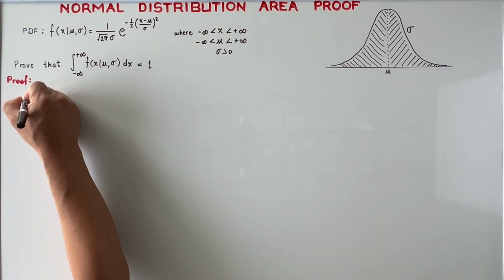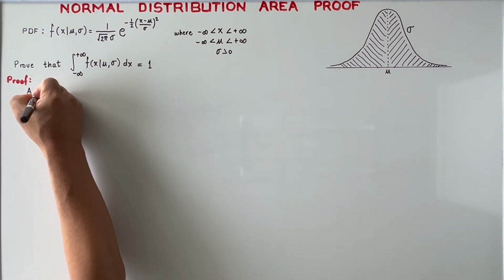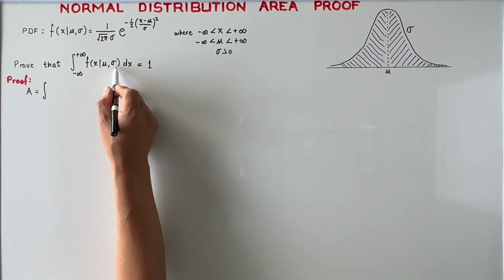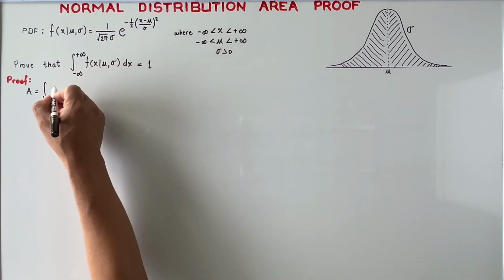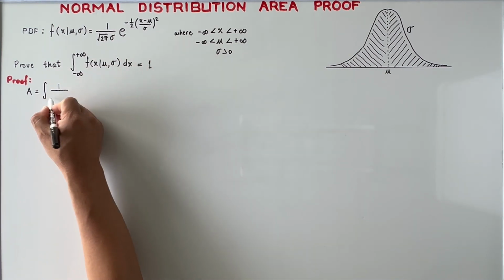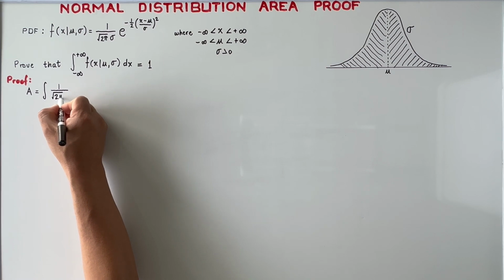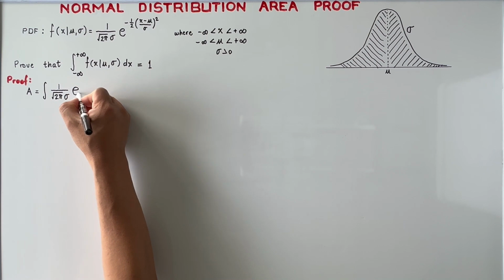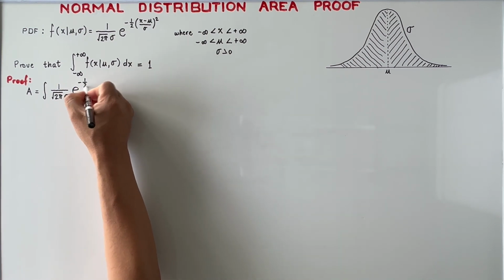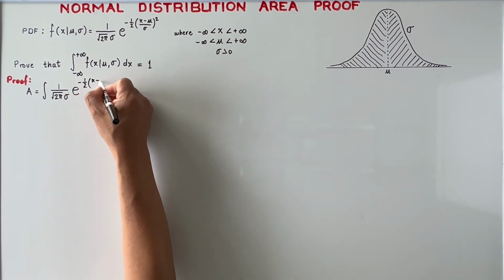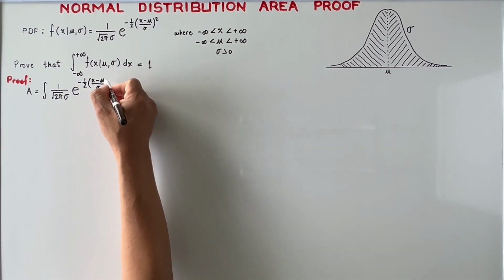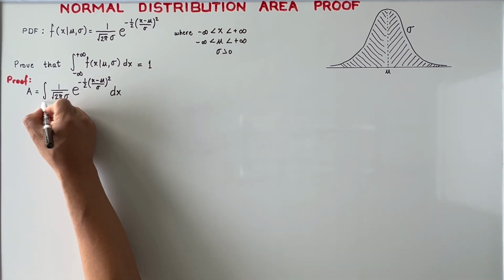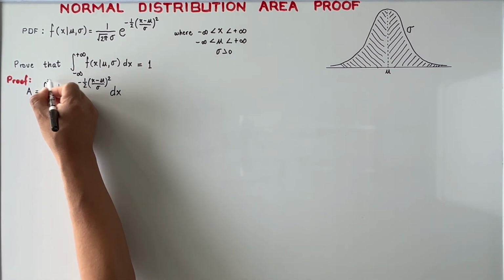So let's represent our area as A, and this area can be obtained when you integrate this probability density function of the normal distribution curve, which is equal to 1 over the square root of 2 pi times the standard deviation sigma, multiplied by the constant e to the power negative 1/2 of the quantity (x minus mu) all over sigma, squared, integrating from negative infinity to positive infinity.